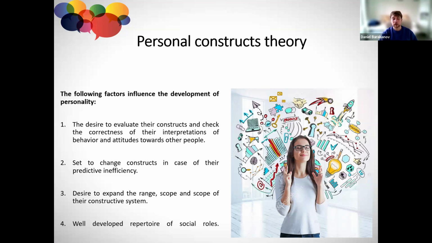And this leads to a well-developed repertoire of social roles. Basically, if you have a very well-developed system of constructs, you can be more successful in more social situations, which helps you to perform your social roles better, like being a better student, a better parent, a better employee, a better citizen, and so on.